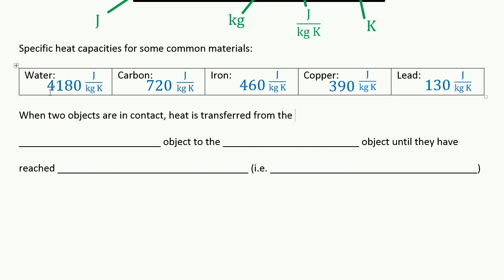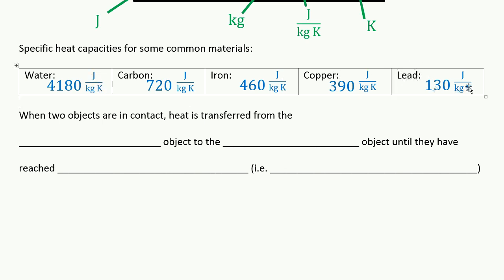So what this means, because water has a very large heat capacity, it means without changing its temperature too much, water can take in a lot of heat. It has a capacity to hold a lot of heat. One way you can think about this, if you had 1 kilogram of water and you raised it 1 Kelvin in temperature, that would require 4,180 joules. So a lot of energy, and it only went up 1 Kelvin.